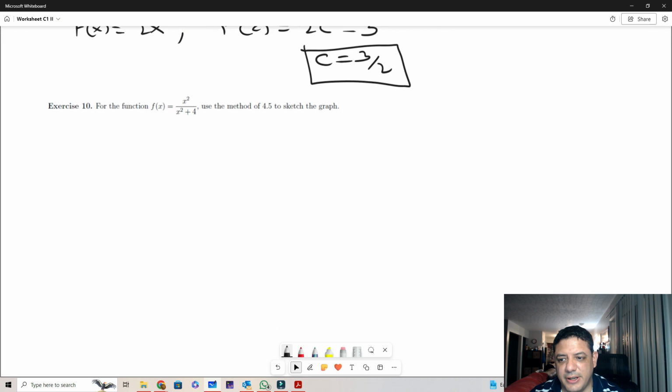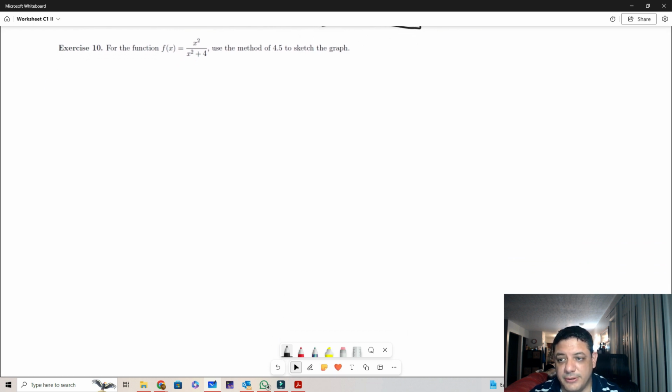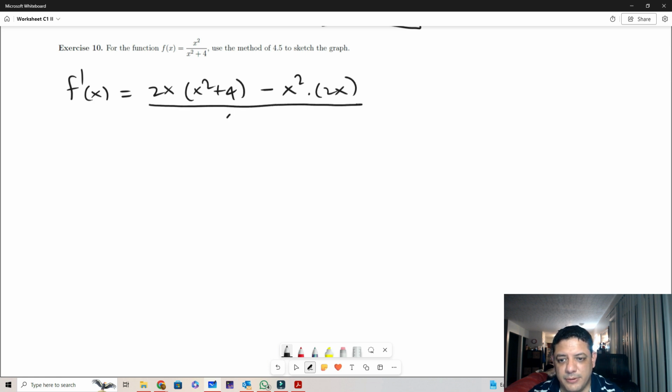Now, for the last exercise, we want to use the method to sketch the graph that was given in the 4.5 section. So first, we need to find out what the critical points are. So f'(x) is going to be 2x times (x squared plus 4) minus x squared times 2x, that is the top, over the bottom squared. Now we can simplify this a little bit so we can manipulate it better.